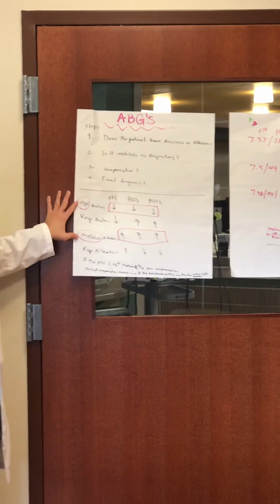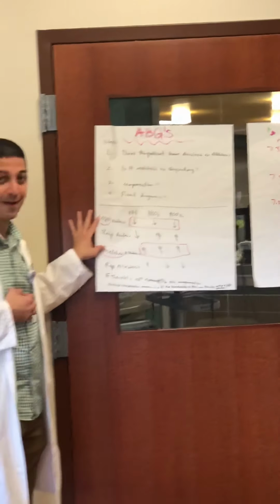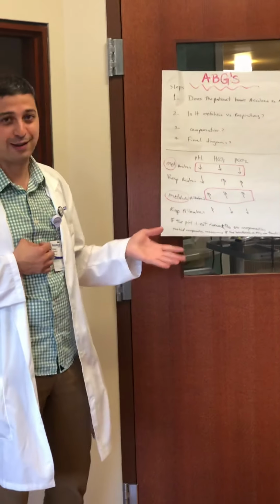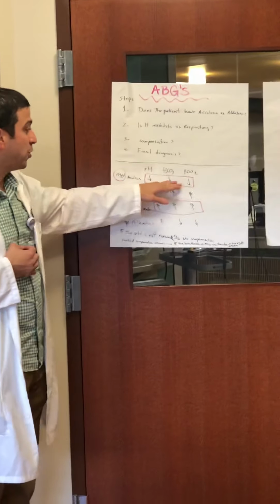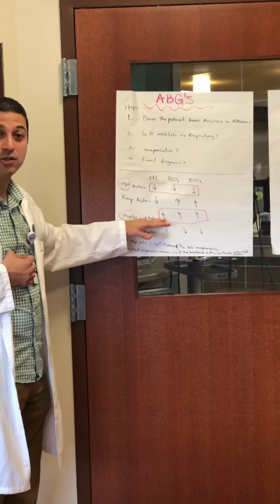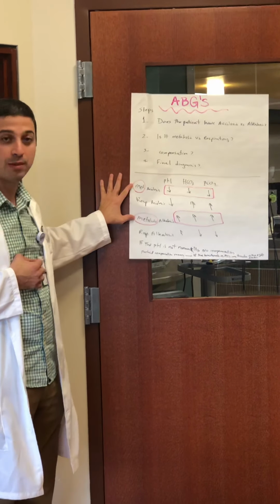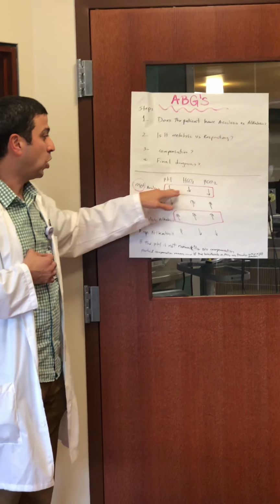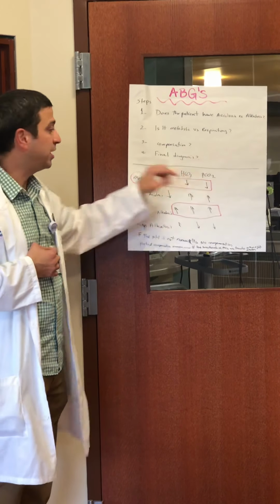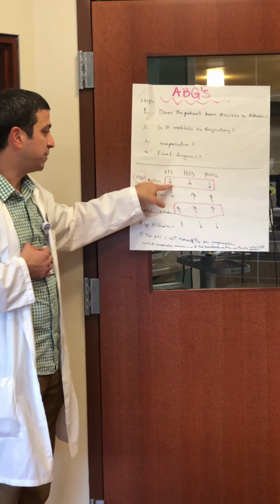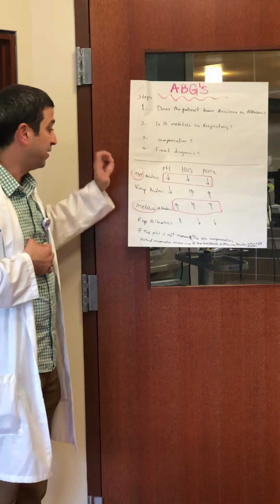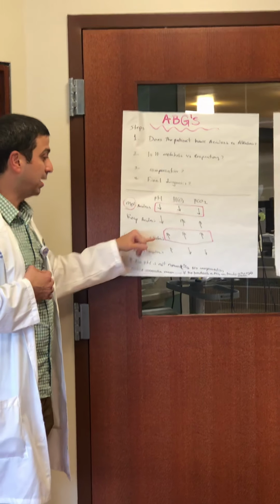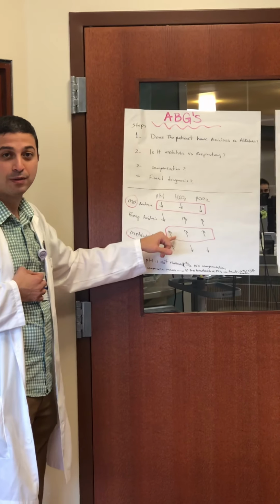So Jen taught me something in nursing school, which is actually a brilliant thing: if your arrows point in the same direction, you're dealing with a metabolic problem. Let me repeat that. If your arrows are all down, you're dealing with metabolic acidosis because the pH is low. If your arrows are all up, you're dealing with metabolic alkalosis because the pH is up.